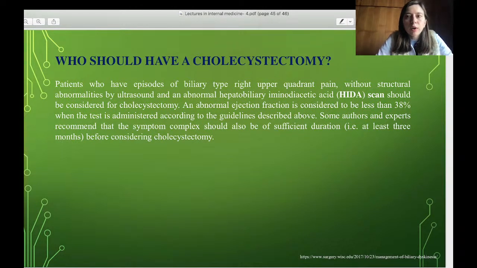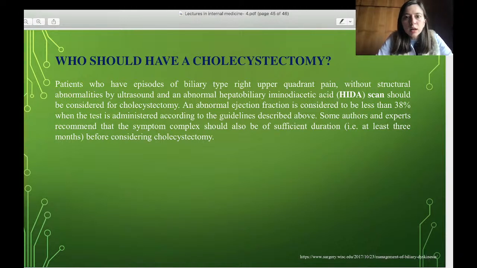Abnormal ejection fraction is considered to be less than 38% when the test is administered according to the guidelines described above.